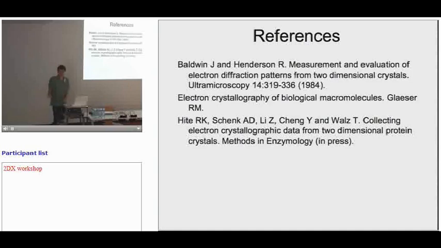Yeah, so I would take a diffraction pattern of one crystal, and then save the location in the compustage, and then do that for the whole grid square, switch to imaging mode, and then either keep it tilted, or later I found it was easier just to switch it to 0 degrees, and then take an image of all of those same crystals. Then I could quickly calculate an FFT, and then use 2DX to get the projection map, and I could easily see which of the various crystal forms I had.